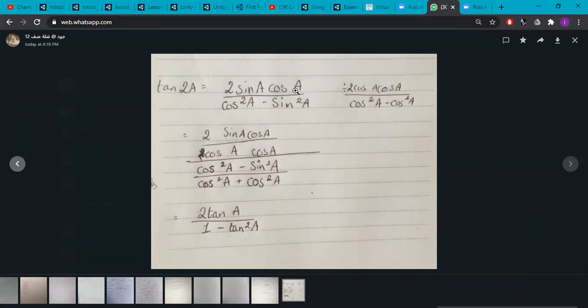2 sin A cosine A, this is sin 2A over cosine 2A.